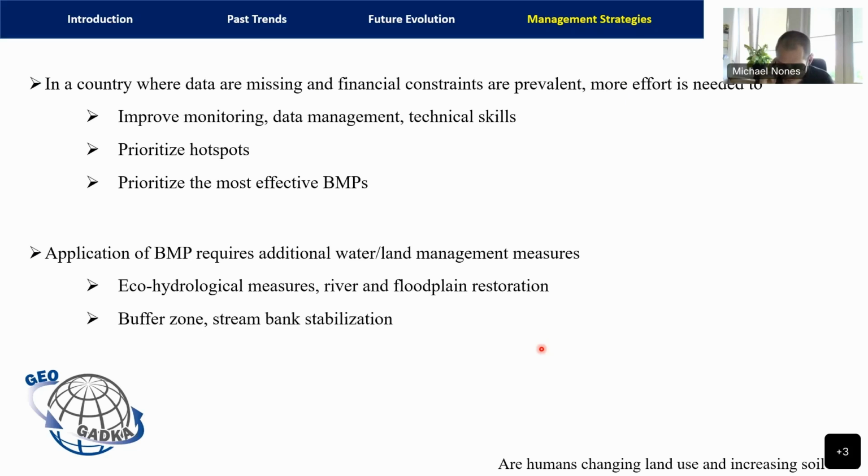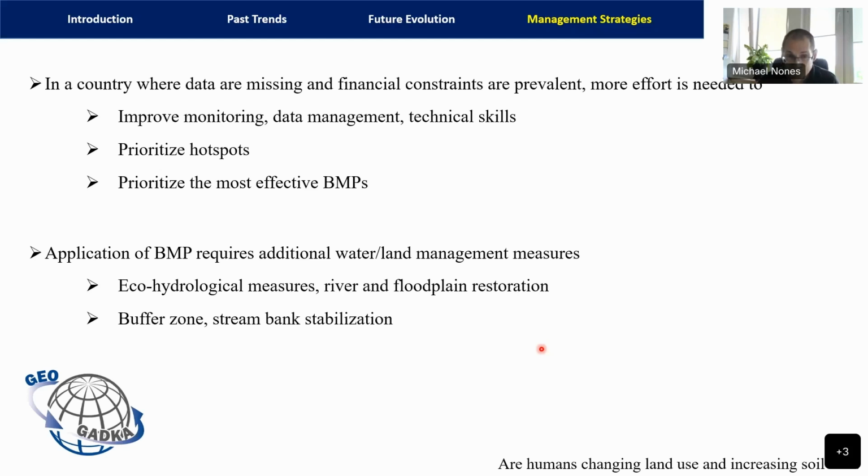So for the future, the recommendation is that we first start improving the monitoring and the management of the monitoring data, also by improving the technical skills of all the people involved in the monitoring. Then, when we have a better idea about the hotspots, we can implement these management practices, starting from the most effective, of course.